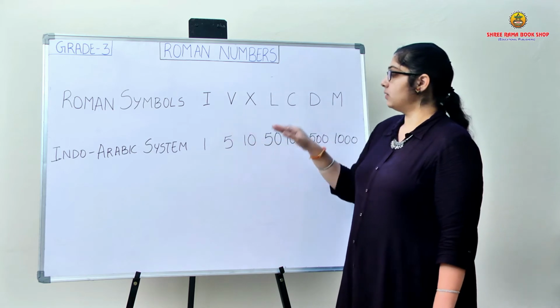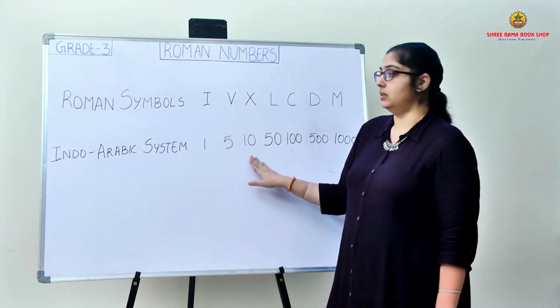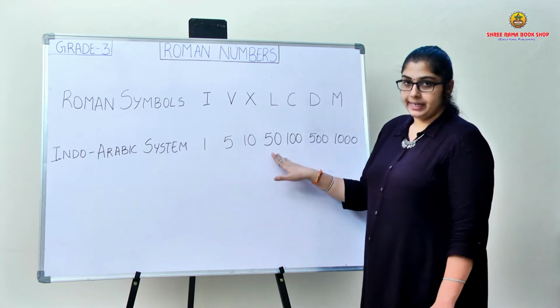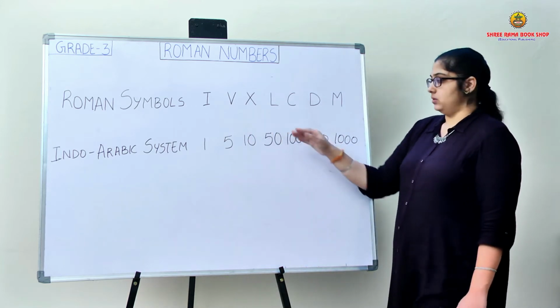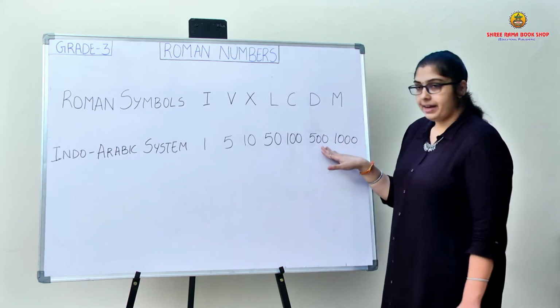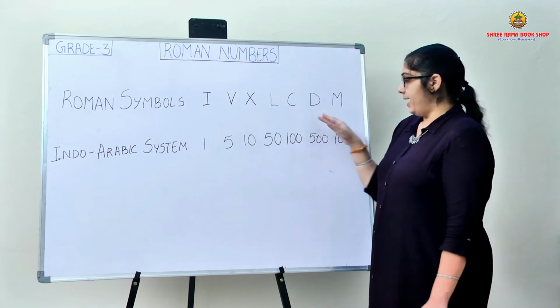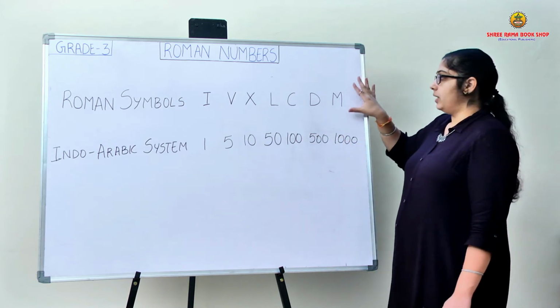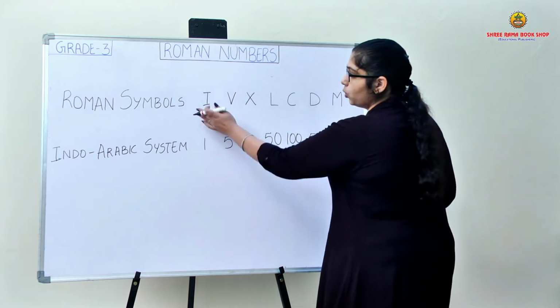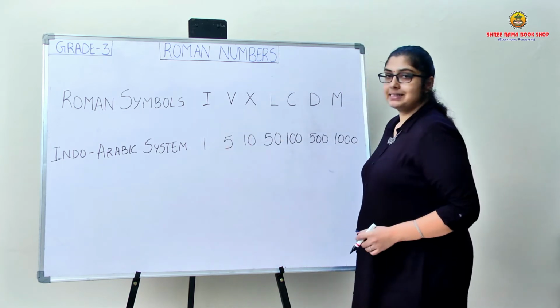If we want to write 10 in Roman, we use X. If we want 50, we write L, and if we want 100, we write C. If we want 500, we write D, and if we want 1000, we take the symbol M. Did you all understand how Roman symbols are connected to the Indo-Arabic system?